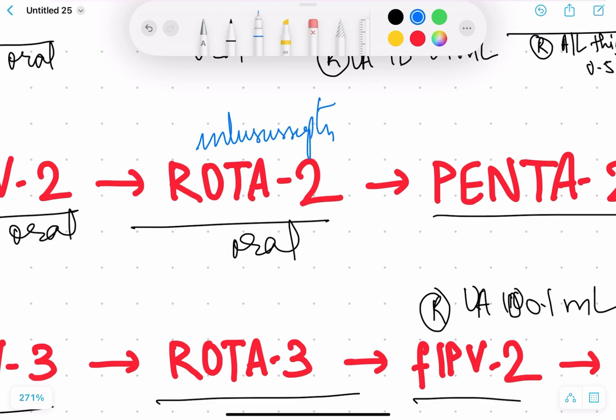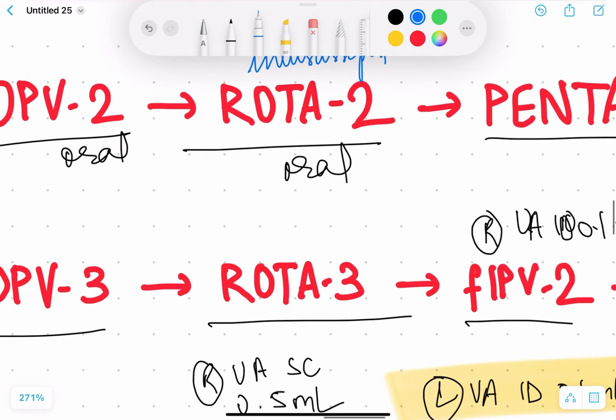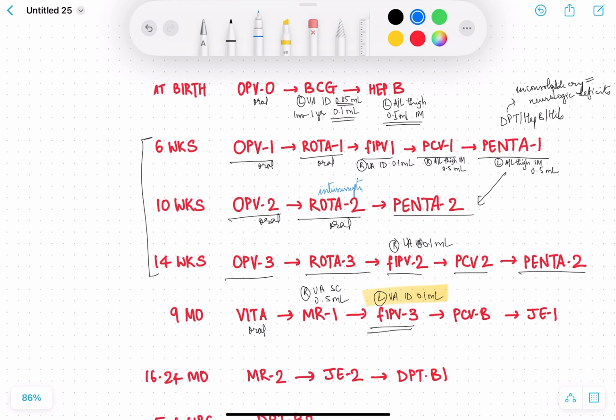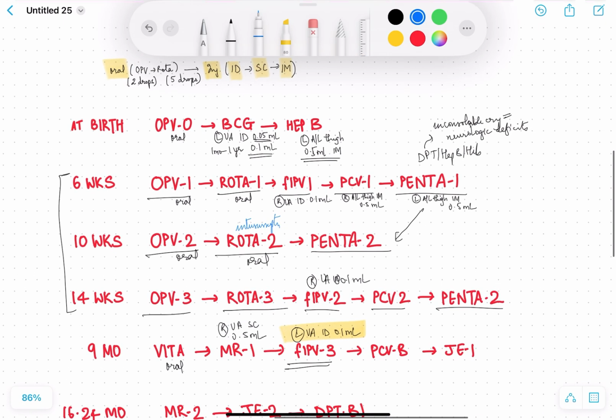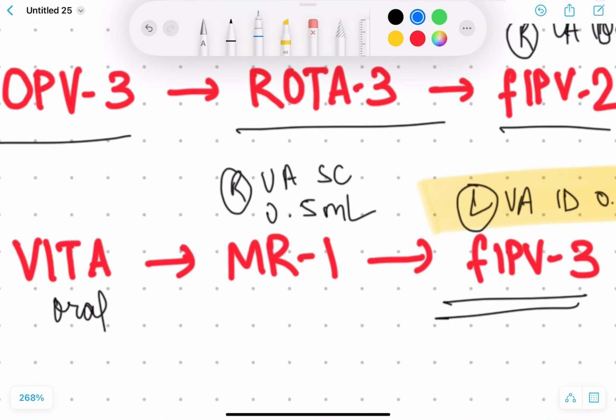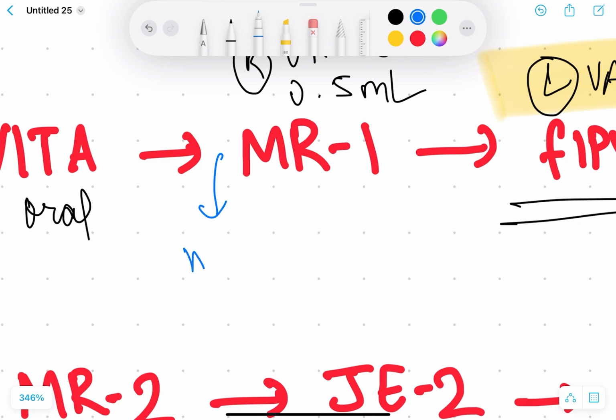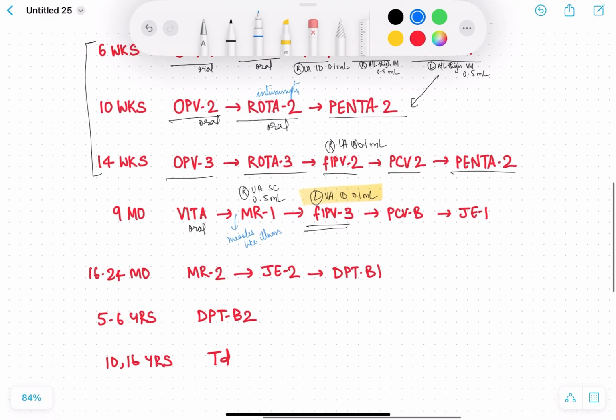We know this from radio also, we have studied radio and surgery. Measles, this we've already done. Inconsolable cry, neurologic deficits for Penta. Measles MR causes a measles like disease or flu like illness, right? And so that is at 9 months.